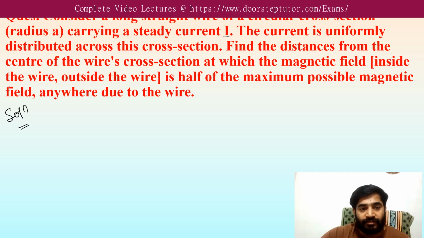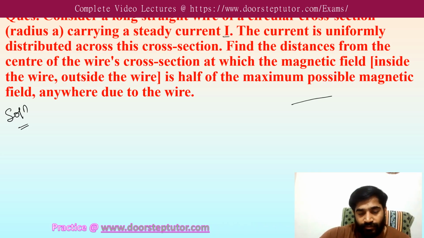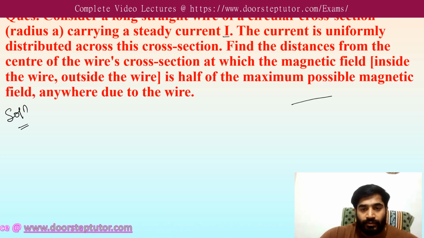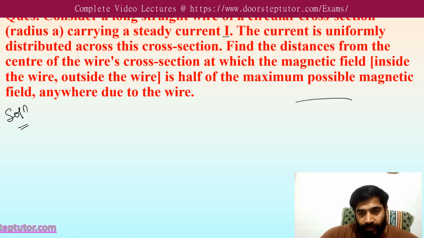So you have a long straight wire of circular cross section, radius A, carrying current I. Simply, if I draw this, these are two views.